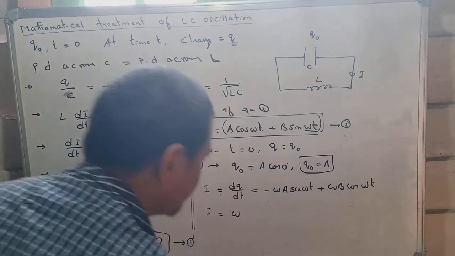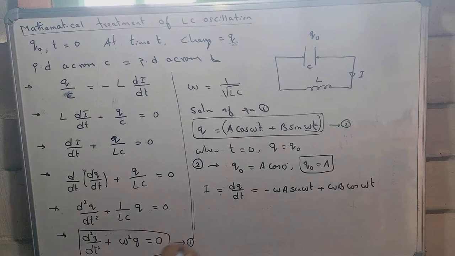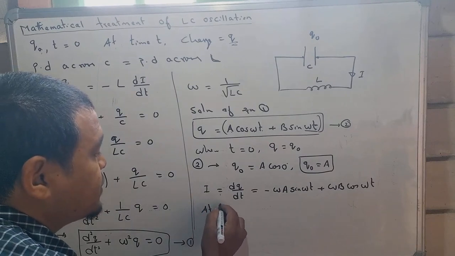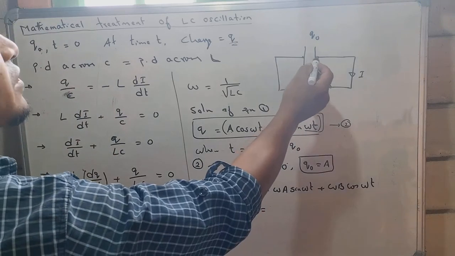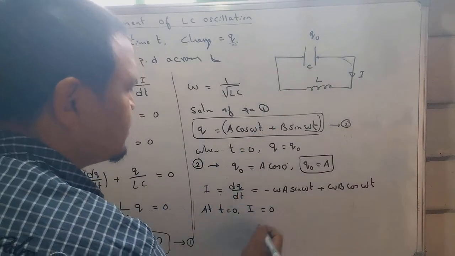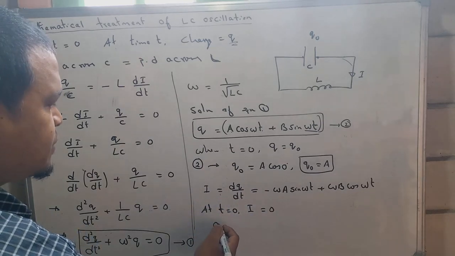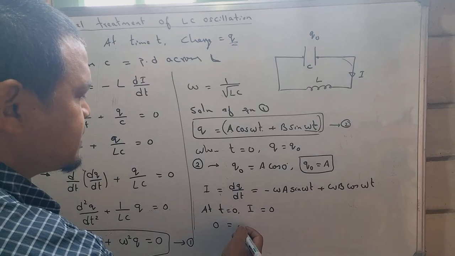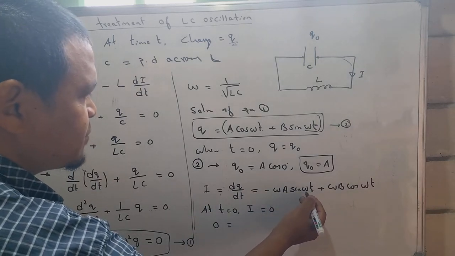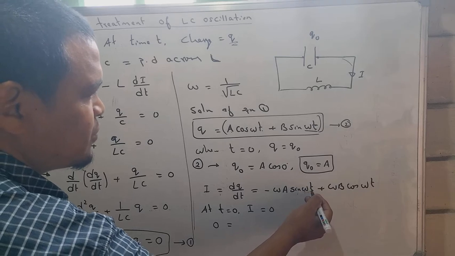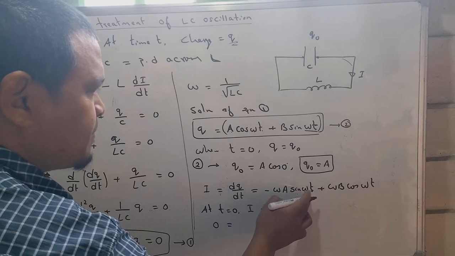Or else I'll just simply substitute the initial condition only. At t equals 0, the current is 0. So when I is 0, I write 0 here, and since t is 0, sine omega into 0 will be 0, so this term will disappear.